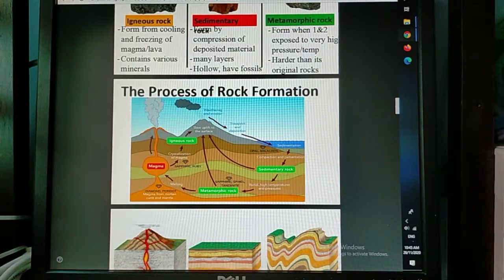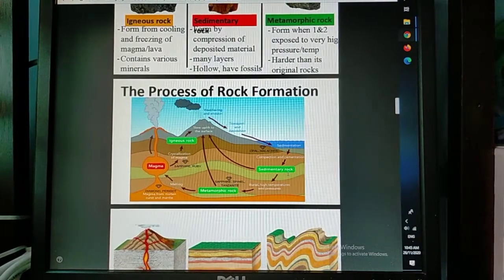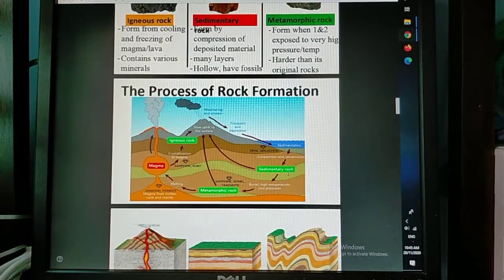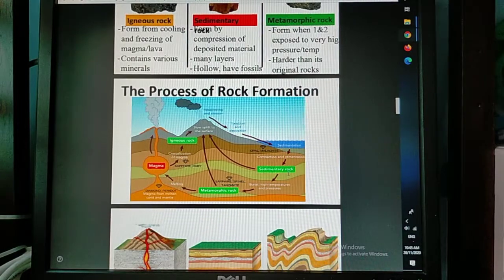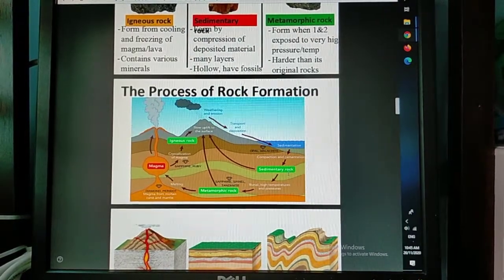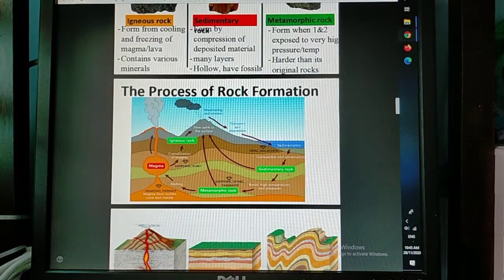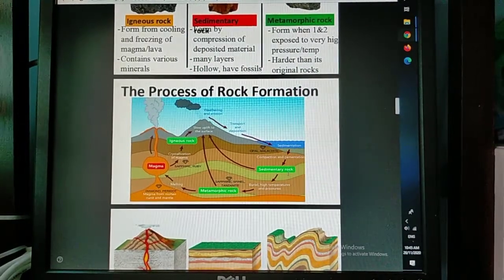And then sedimentary rocks will be buried inside the earth deeper and deeper. The earth's pressure is higher than usual, and with high temperature, the deeper into the earth, the higher the temperature and pressure. Due to these two factors, it will form another type of rock which is called metamorphic rock, and it is stronger and harder than the others too.